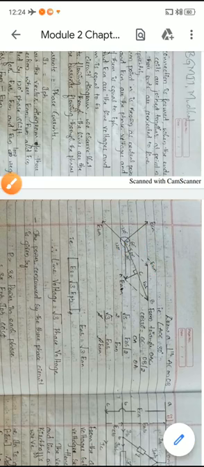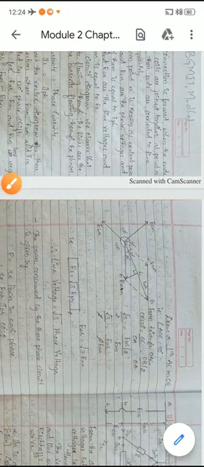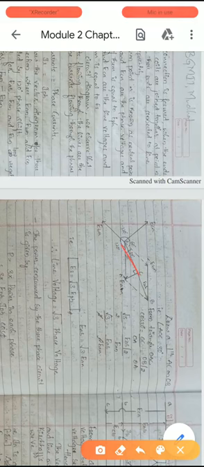The resultant exactly divides the angle, therefore this angle will be 30 degrees.